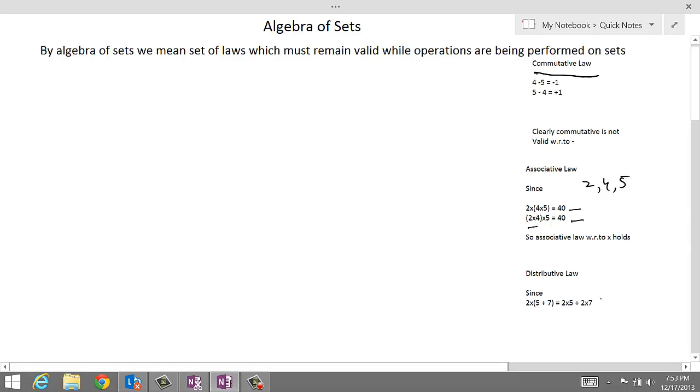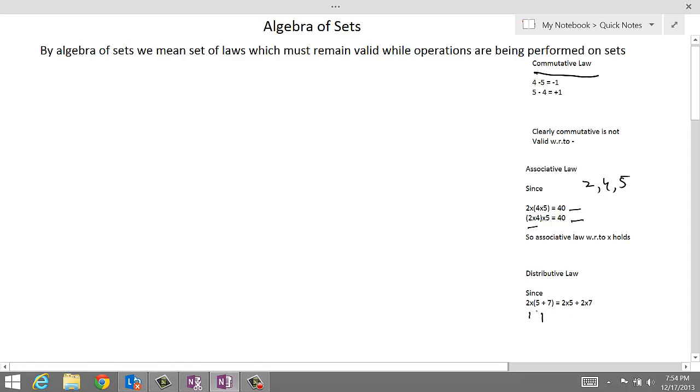And for the distributive property, let's take a look at these two operations. There will be two operations. The plus is in the middle, inside the brackets, and the multiplication is outside the brackets. We are going to check distributive multiplication.